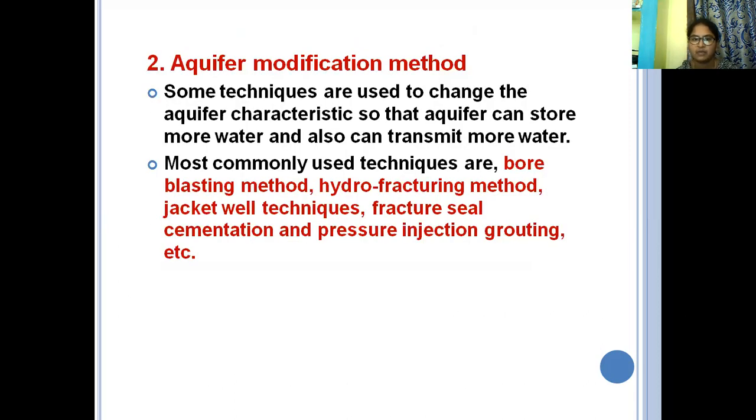And the aquifer modification method. The most commonly used techniques are bore blasting, hydrofracturing method, jacket well techniques, fracture seal cementation, and pressure injection grouting.